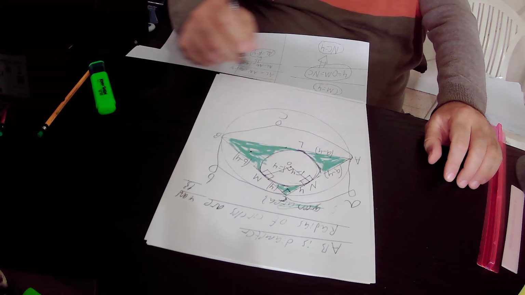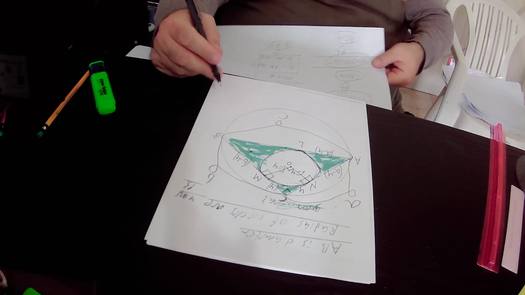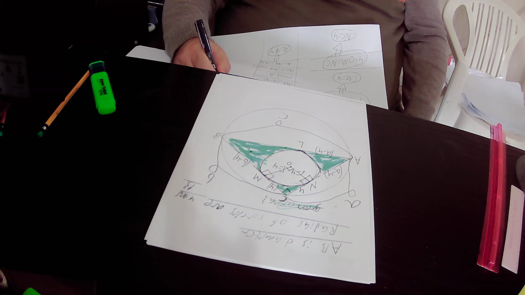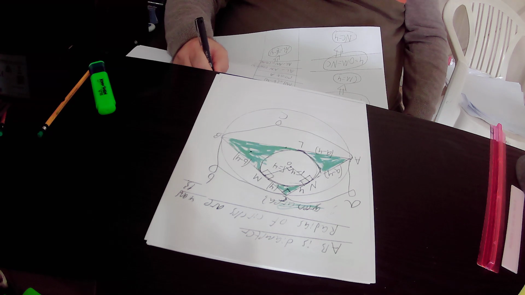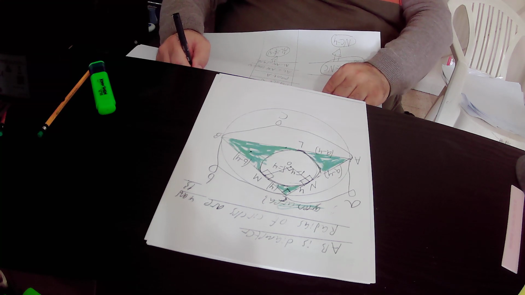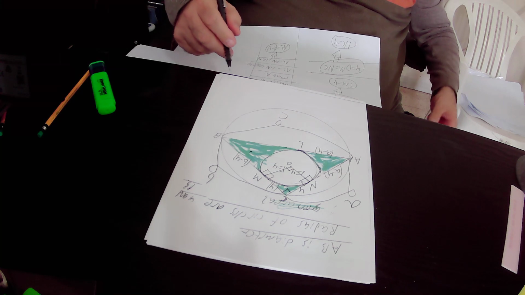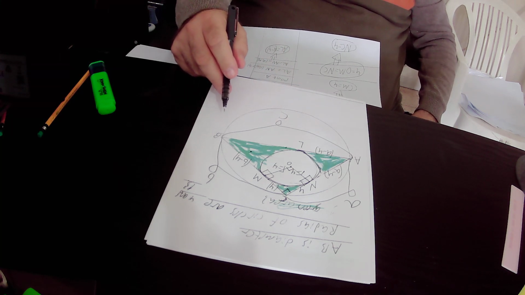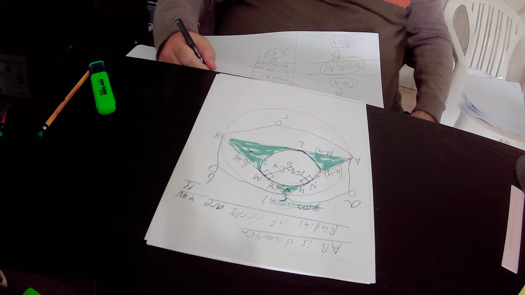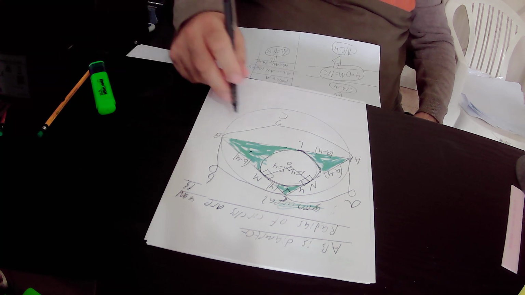The next step we will focus on the common external point, point B. From the common external point, point B, we have two tangents to this small circle: tangent BL and tangent BM.